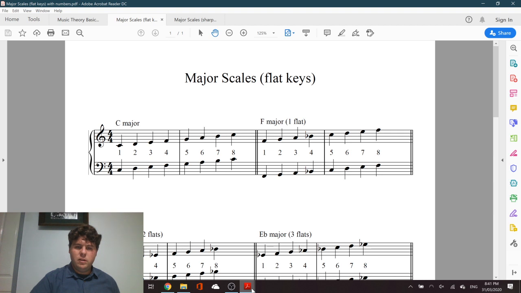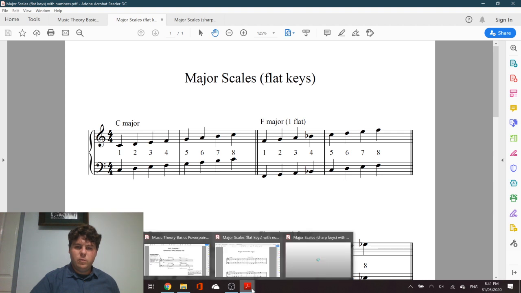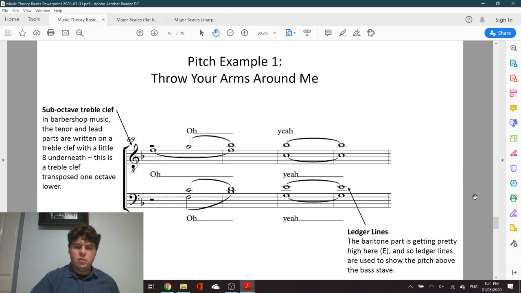What I wanted to do here was cover a bunch of the basics about our pitch and our rhythm that I think will serve the majority of the members well. But if you're really interested in chord theory and other juicy stuff like that, then I'd be happy to talk about that later on as well.